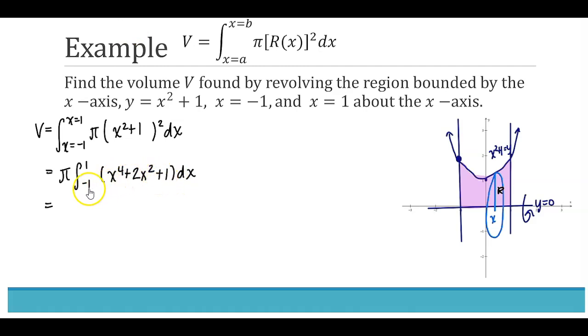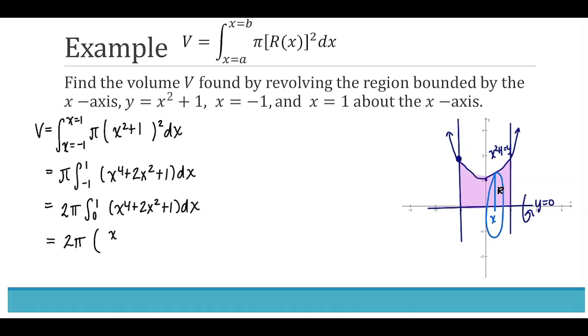So instead of evaluating the integral from -1 to 1, I can think about this as 2 pi times the integral from 0 to 1 of x to the 4th plus 2x squared plus 1 dx, so that now when I find the general antiderivative, substituting 1 and 0 in will be a little bit less computational work. So I have 2 pi that I'm going to leave on the outside.